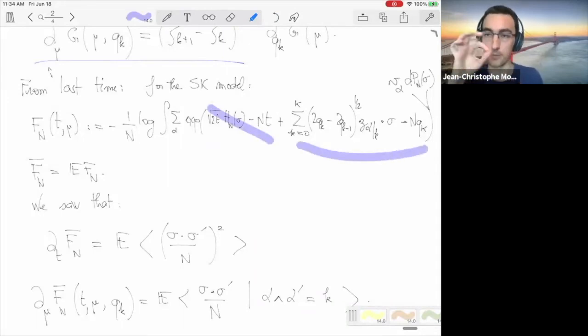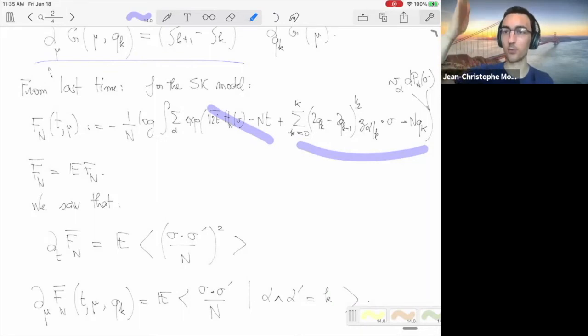You see that it's a sum of terms which only talk about each one. One is going to talk about sigma 1, the other about sigma 2, and then sigma 3, etc. But there is no interaction between the sigmas in what is left. And this is the structure that is key to doing the same arguments as we have done for the Curie-Weiss model or for statistical inference.